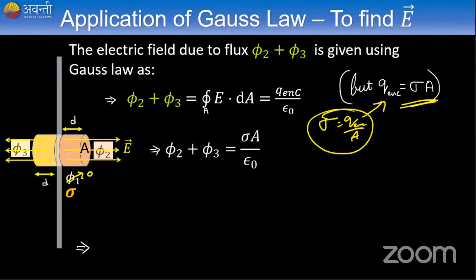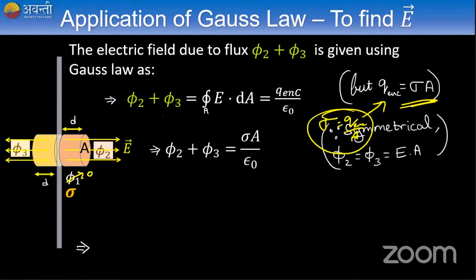So it's the summation of sigma A by 2 epsilon naught plus sigma A by 2 epsilon naught. Okay, so it's half of my electric field times of area. See, my surface area remains same, but my electric field will be sigma by 2 epsilon naught, because my surface charge density was given that way. Then if I try to solve, what would I get?